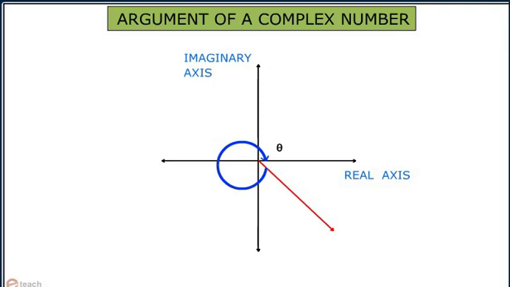The argument when x is less than 0 and y is also less than 0 is shown here. The argument when x is greater than 0 and y is less than 0 is shown here.